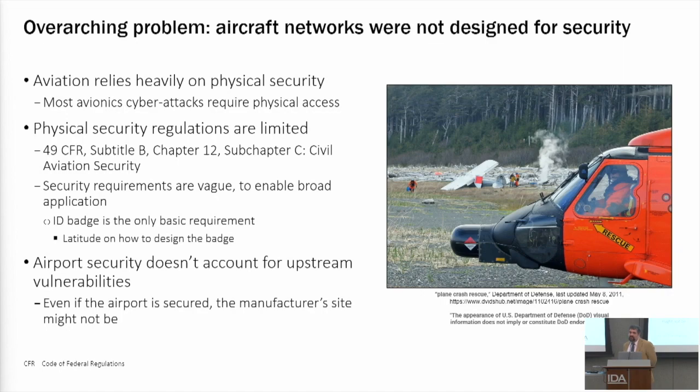You're basically required to have a restricted area, and that restricted area requires a badge, and that badge must have your picture on it. But beyond that, there really aren't very many requirements. So airport security is a problem. And that doesn't even account for any upstream vulnerabilities, because even if the aircraft is secure, the manufacturer's site may not be, the aircraft may be in transport, et cetera.